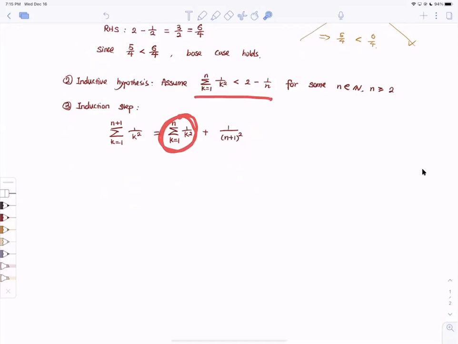We know this part is less than 2 minus 1 over n. So we can use that. So this is going to be less than 2 minus 1 over n plus 1 over n plus 1 squared. This is by inductive hypothesis.